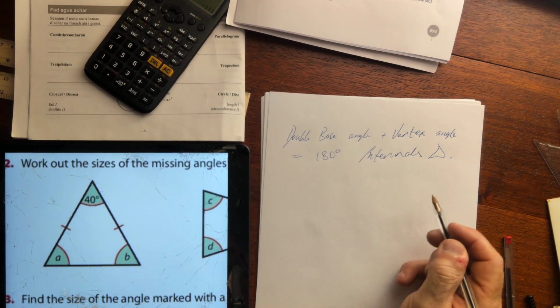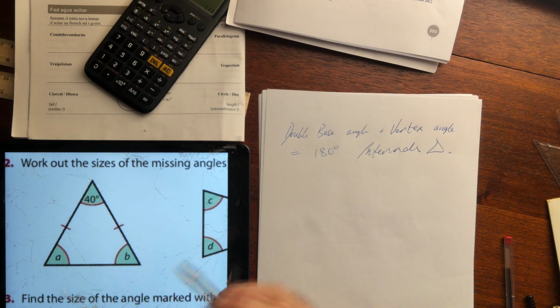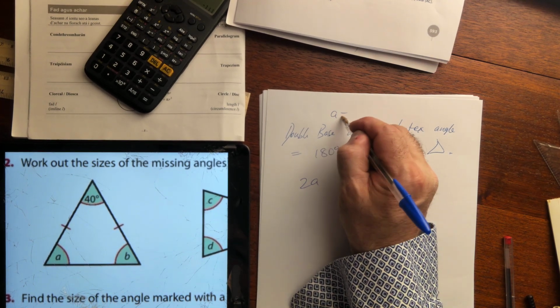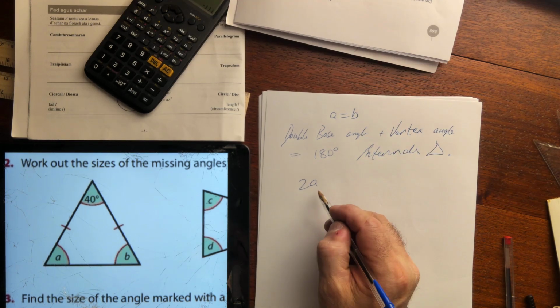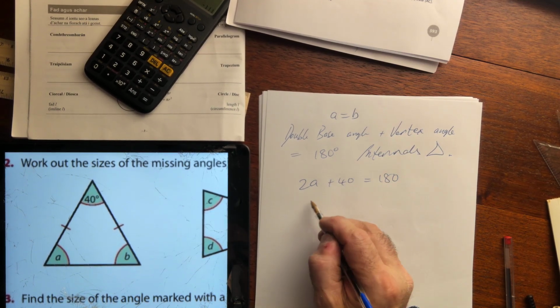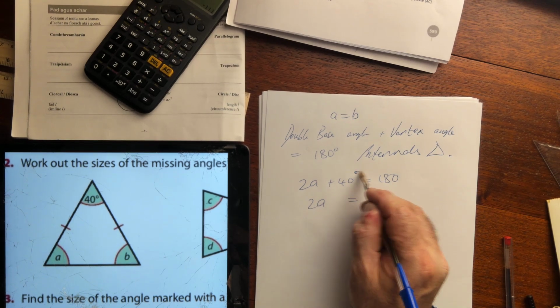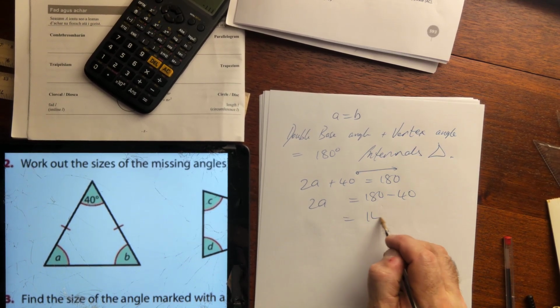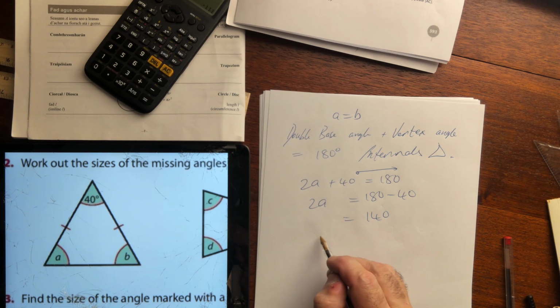of a triangle. Okay, so we won't just say A and B, we'll drop one of them, we'll just say A equals B, and 2A plus 40 equals 180, and 2A equals, transpose, 140. Divide down by 2.